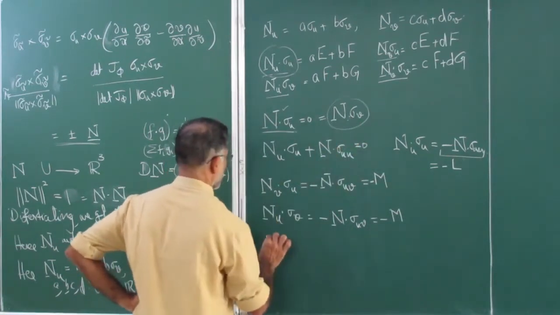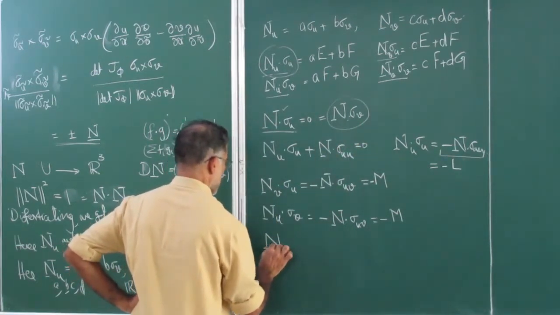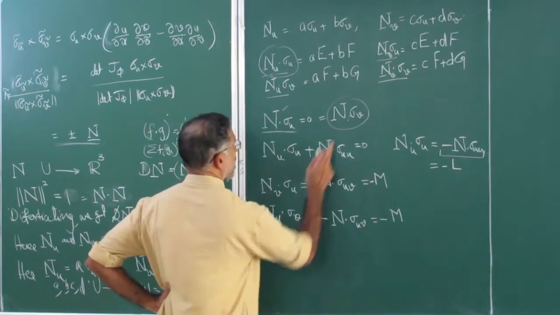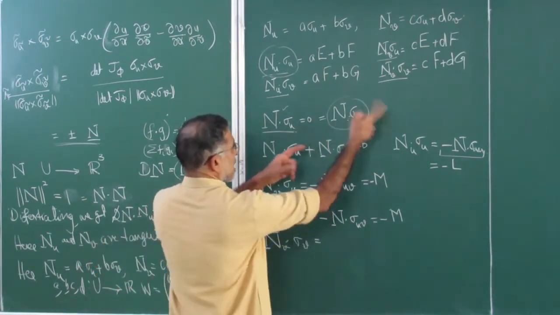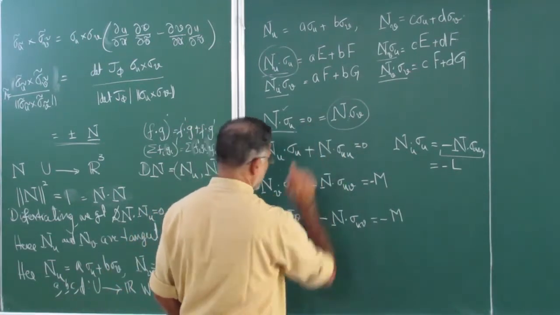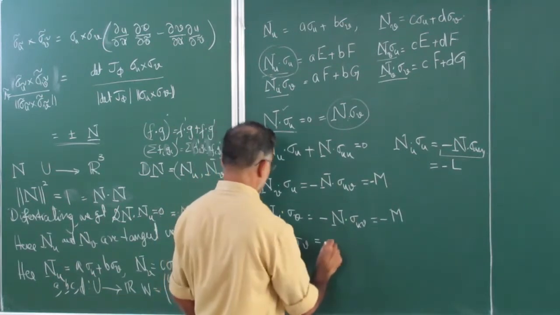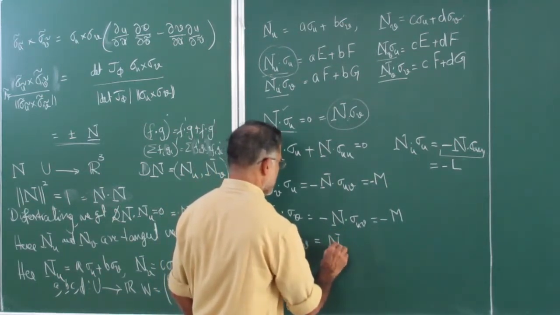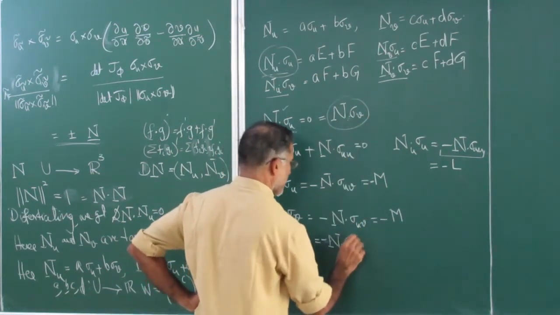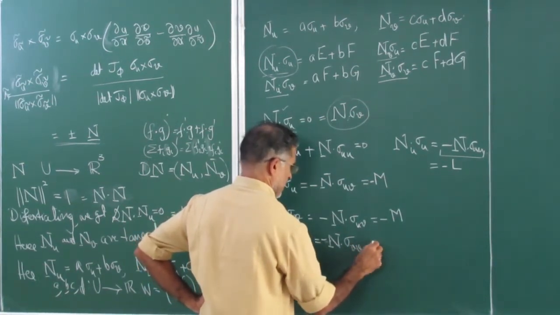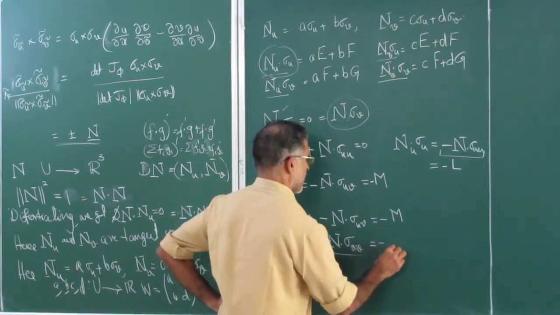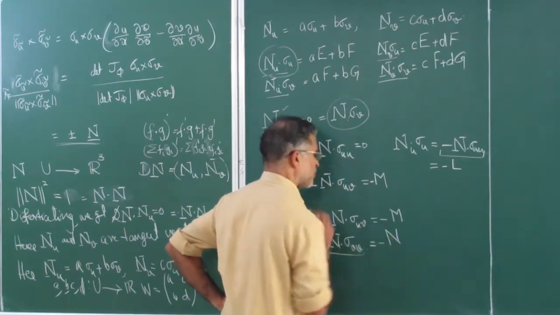And then now let us differentiate this with respect to v. So that will be n_v · σ_v plus the other term equal to 0, because the right hand side is 0. So derivative here 0, derivative this will be this plus that, transfer it to the other side, it will be minus n · σ_vv, and that we are going to call N. This is where the issue of notation comes.